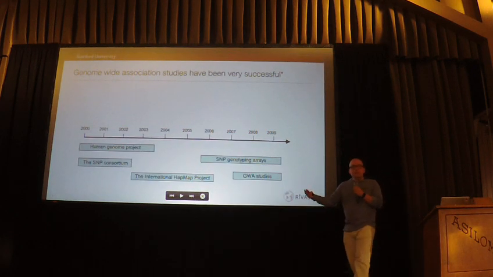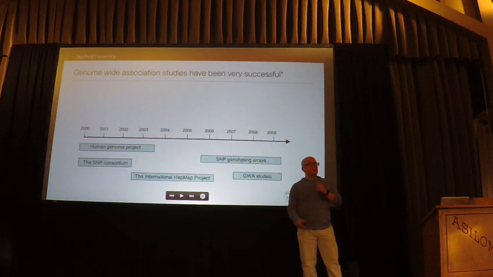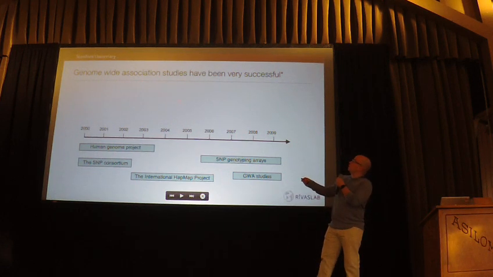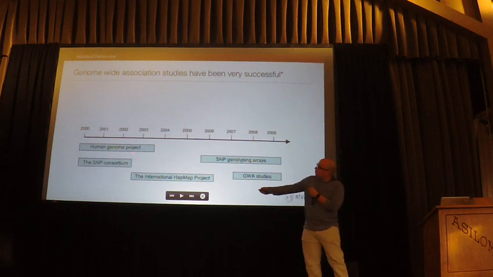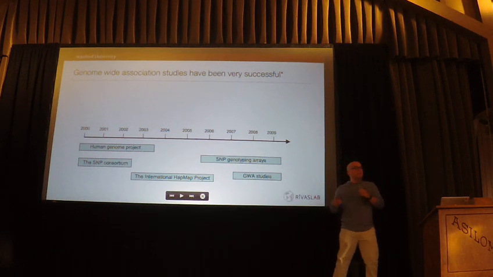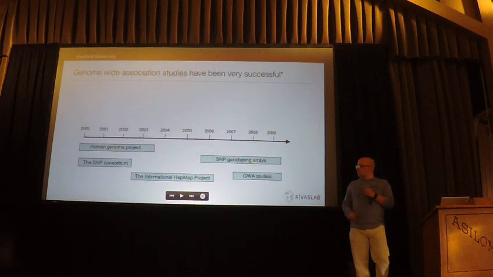Many of you may be familiar, at least from the popular press, with what's been called genome-wide association studies. From 2000 to today, that has been the primary engine of discovery for human genetics.